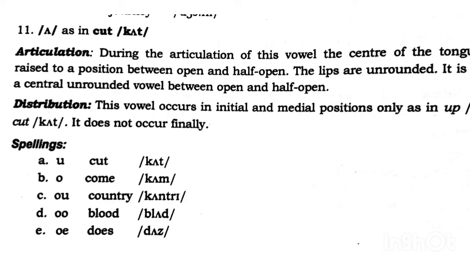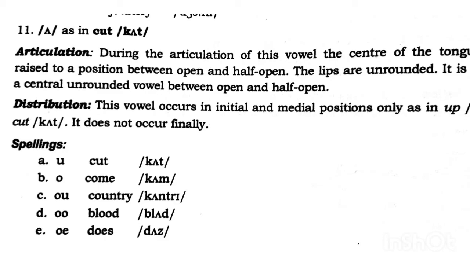It does not occur as the final sound of a word. Spellings: U gives out the vowel sound A in the word come. O gives out the vowel sound A in country.